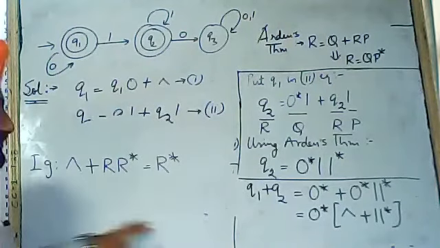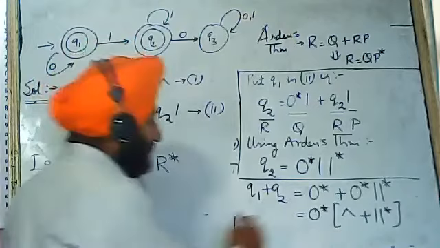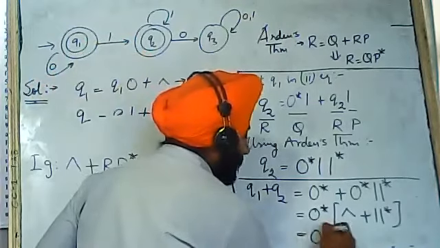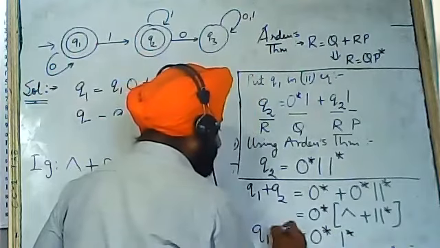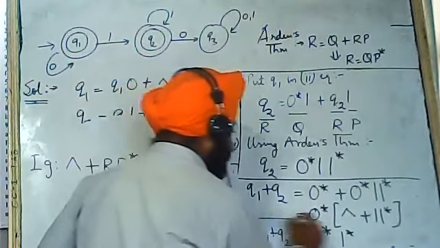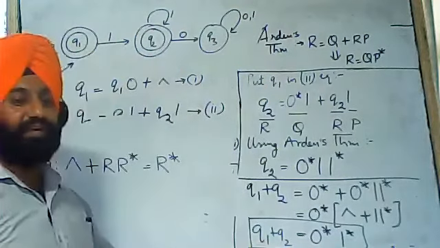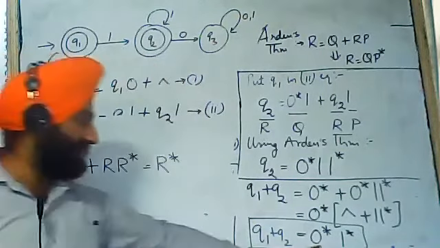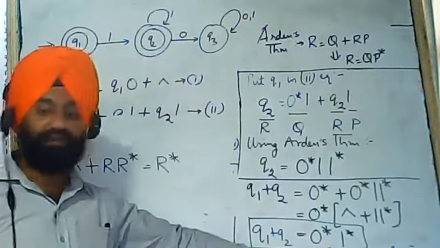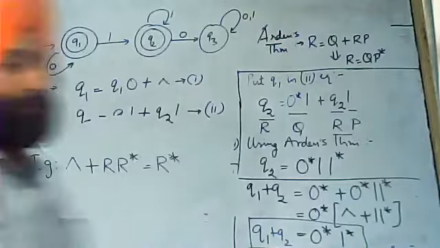So now applying I9 over here, what you will get is 0 star 1 star. So this is your solution, because here you have two final states, q1 plus q2. So your answer will be 0 star 1 star, right?